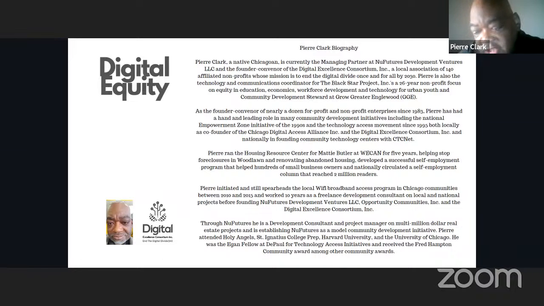But the idea is to end this digital divide by making access and learning and utility at the community level more than just lip service. So the idea is to create a whole bunch of community technology centers and maintain those so that everybody can have access to learning, to knowledge. And so we've been trying to do this a long time.